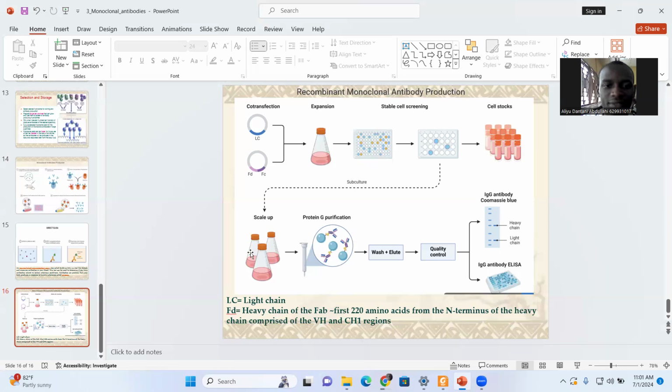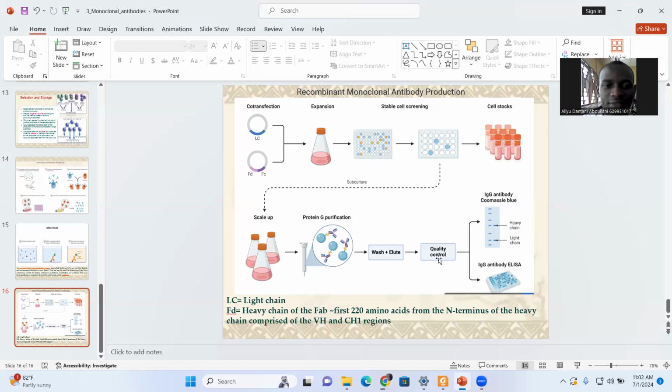So now you can scale up, increase the volume, increase the output. And then you use a purification technique depending on what is suitable for your antibody. Protein G purification means most certainly they are using a chromatographic technique here to purify the antibody. This is a chromatographic column, right?